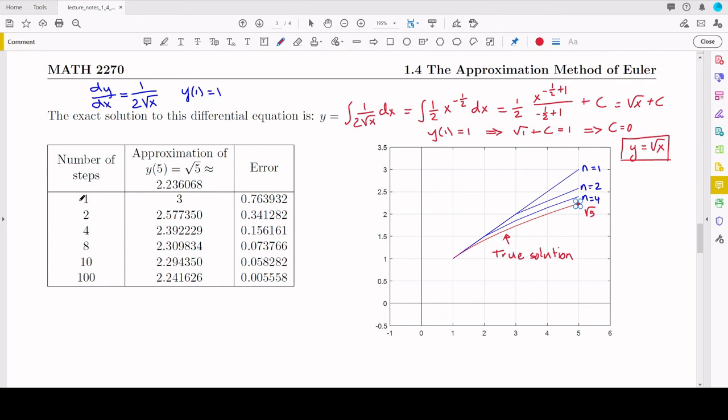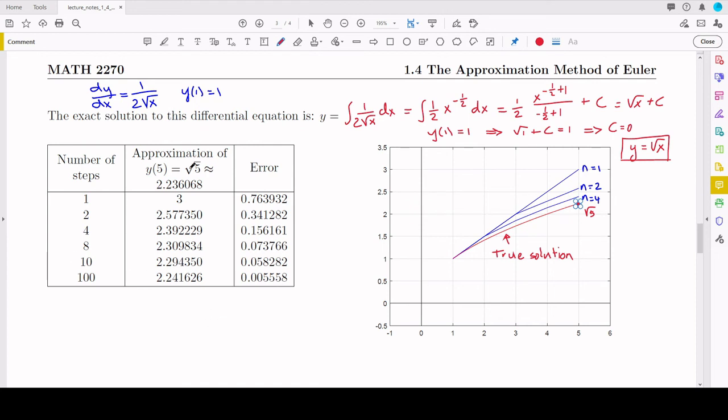Now if we use one step to approximate that, we ended up at 3. When we used 2 steps, we ended up at 2.577. So you can do this for 4 steps, 8 steps, 10 steps, 100 steps, and then calculate the error. The error would be how far off from square root of 5 are you? And you see the more steps you take, the smaller your error becomes.